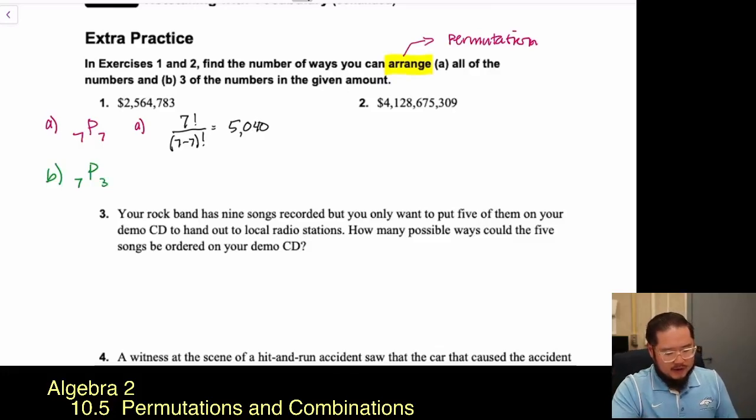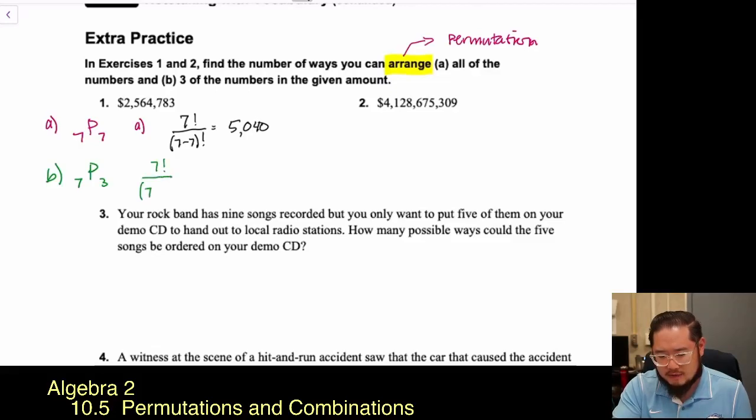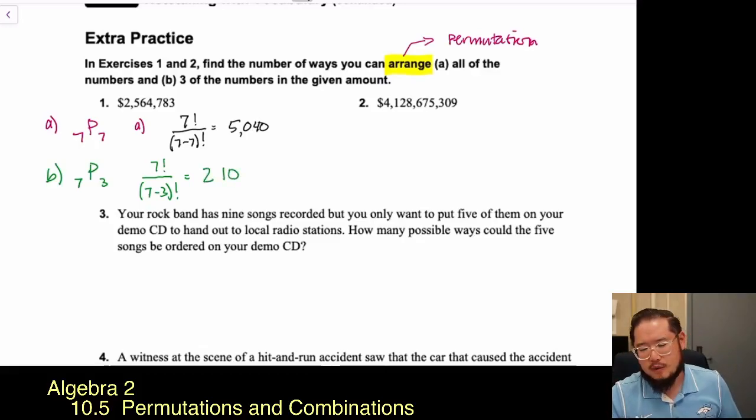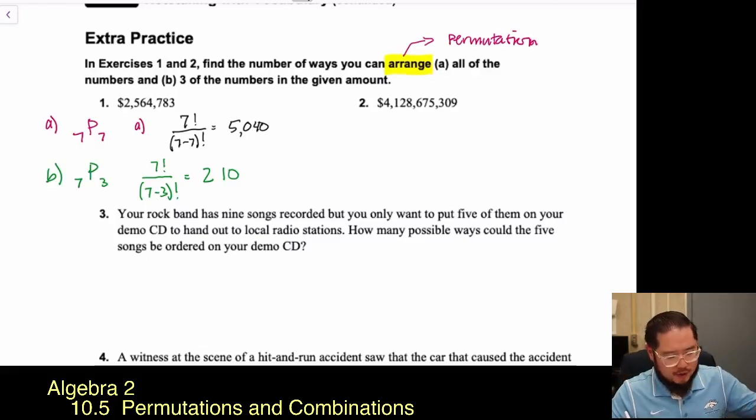So there you have it right there, 7P3. And so if we go ahead and plug all things in, we have 7 factorial, and then right here I've got (7 minus 3) factorial, and get your answer. So when you put all this together, there's only 210 different ways that we can arrange those 7 numbers, given the fact that we are going to use 3 of the numbers in the given amount.